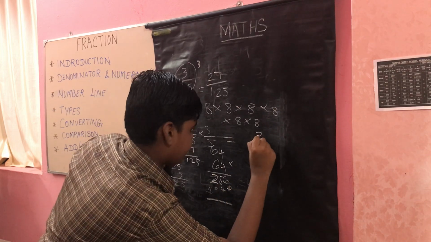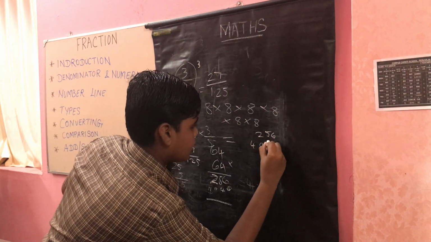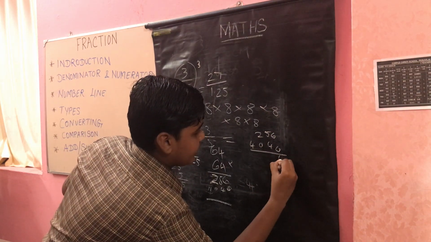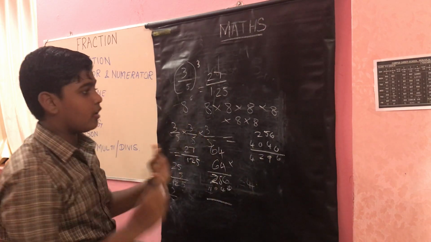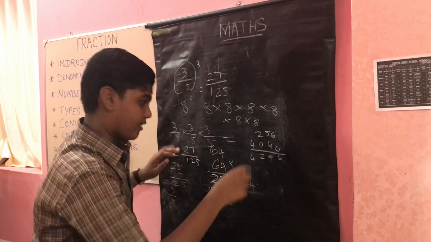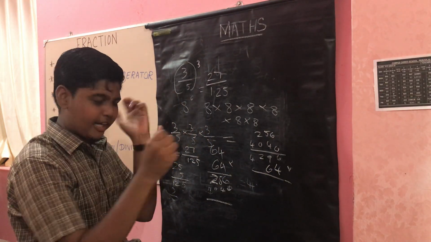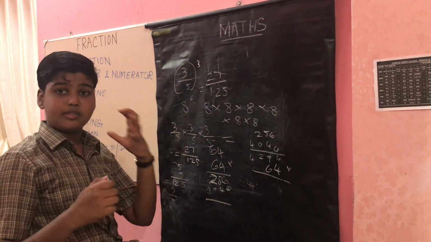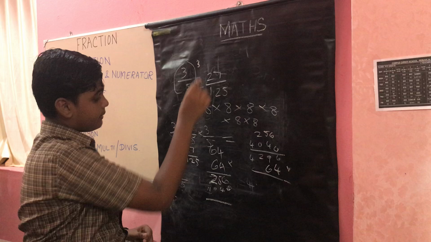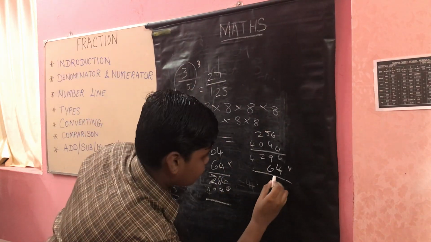I'll find the answer here, okay? Plus 4040. So when we add it, we get the answer like this. So we have got the answer. Now, what are 8 8s? Again, we need to do that. So this seems to be quite confusing, but it's very easy. Power means the number of times which we need to multiply. So here I multiplied 6 times, and here 3 times.